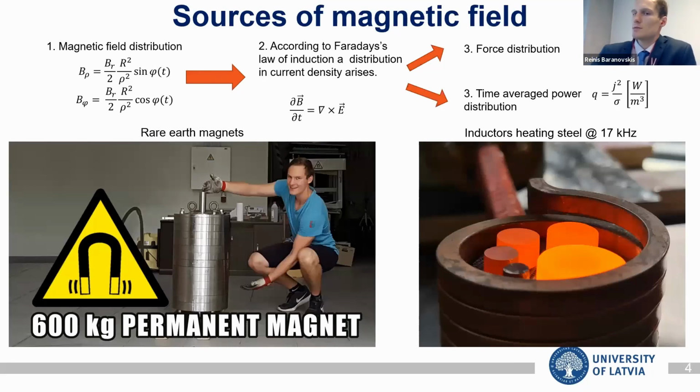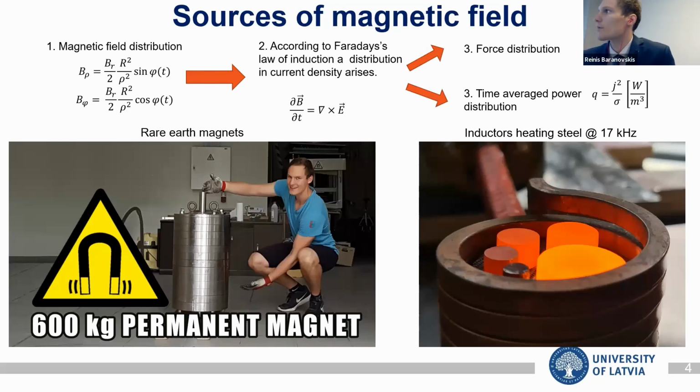Okay, this is the Lorentz force. It's a cross product of induced current and magnetic field. In a case where we have put some kind of metal inside of the inductor, we have induced currents, and the magnetic field of the coil created these induced currents.